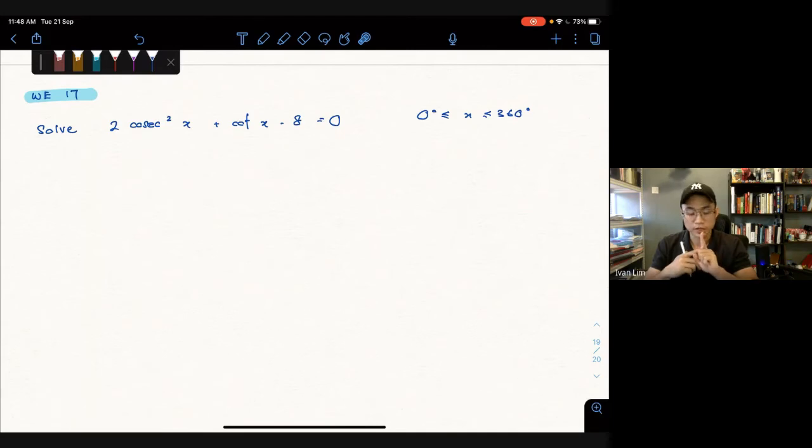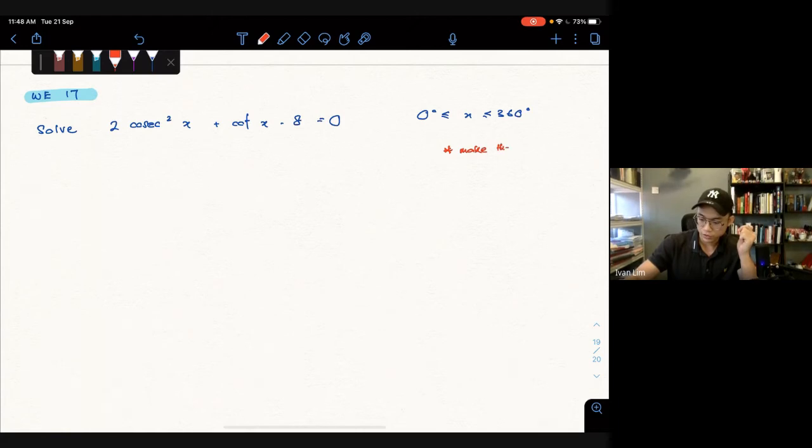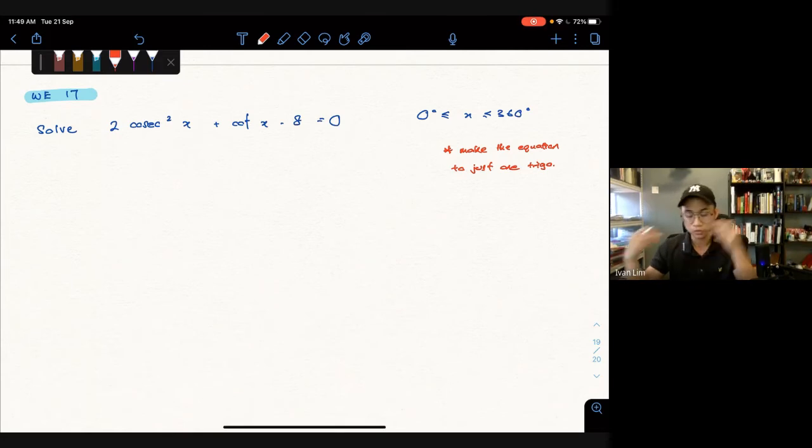If you cannot factorize it, then you have to make it all one trigo only, either sine, cos, tangent, or cosecant, secant, cotangent. So keep that in mind: make the equation just one trigo. This is not mentioned in the textbook, so you might want to write this down. Then you at least know how to solve it.